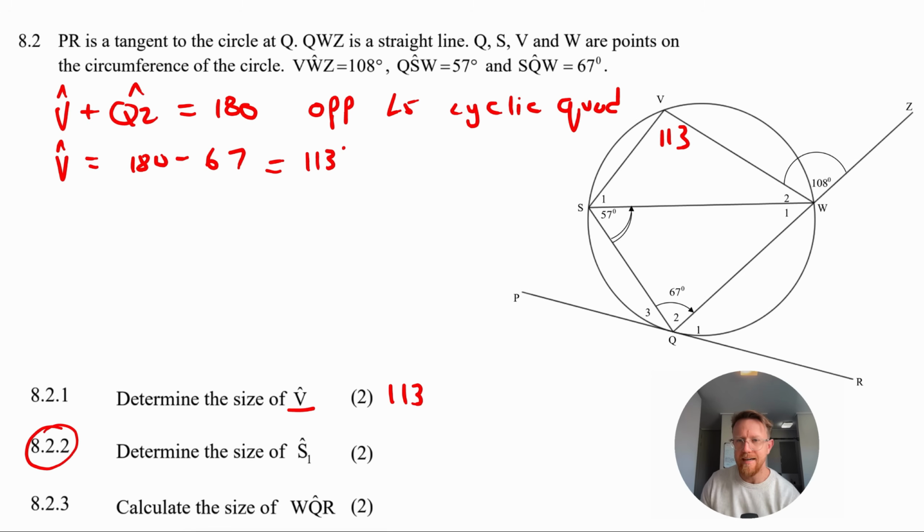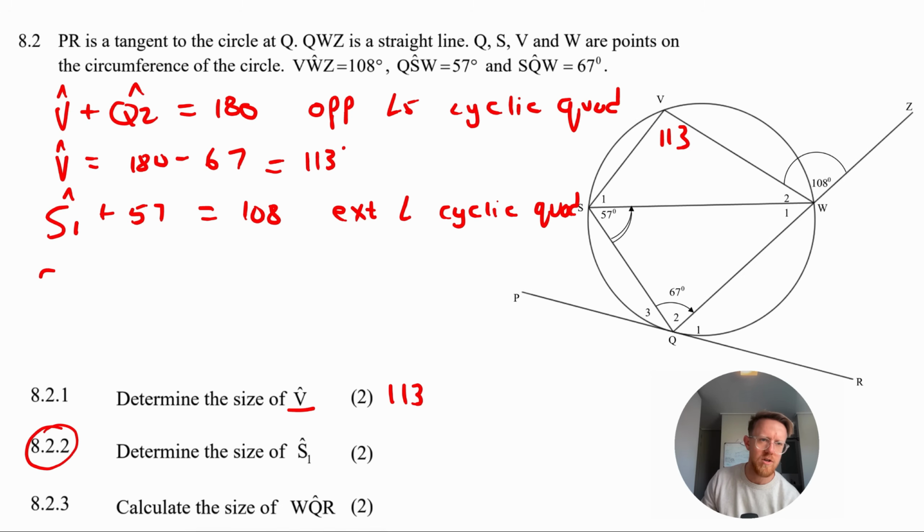But just know that this little S1, that angle there, plus the 57, should add up to 108, because of exterior angle of a cyclic quad. And so if you had to work out S1, you would get 108 minus 57, which is 51 degrees.